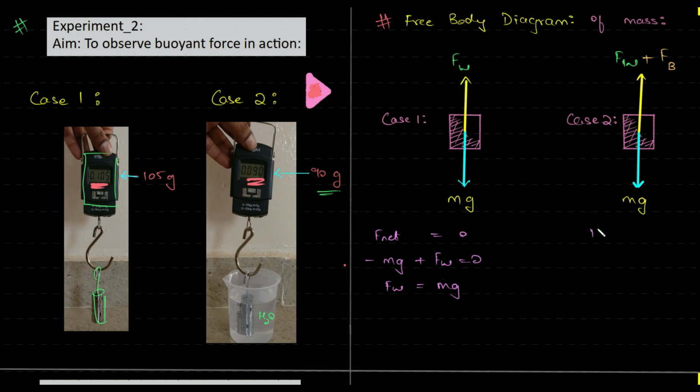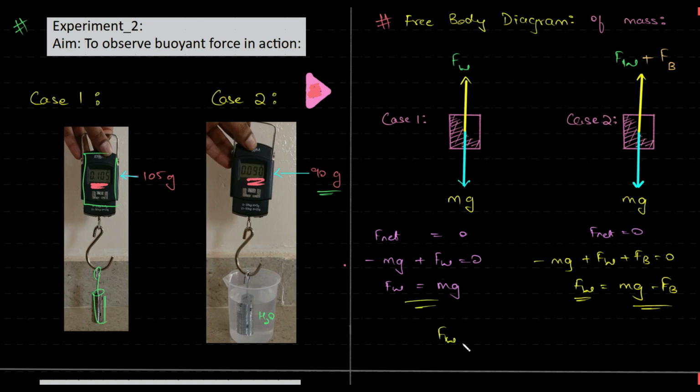right? Here too F net is 0. That is very clear. So we have mg minus mg plus Fw plus Fb, which is equal to 0. But if I get an expression for Fw, it would be mg minus Fb, right? Clearly the force that the weighing machine experiences in case 2 will be lesser compared to case 1.